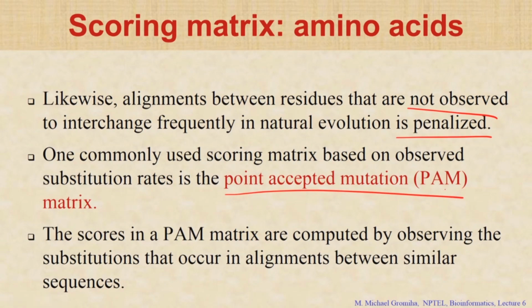What is the PAM matrix? They derive scores on the basis of how frequently the mutation occurs. PAM stands for point accepted mutation matrix. You can derive a PAM matrix from the substitutions that occur in alignments between similar sequences.